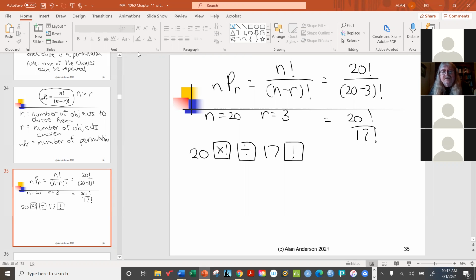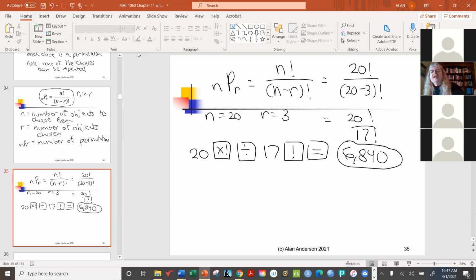The reason why I have to keep doing this is because every calculator is slightly different, and so we need to double check each one. 20 factorial divided by 17 factorial. Oh, no. Yes, you do need the equal sign. Once you hit the equal sign, you'll get the correct answer of 6840. So with all those paintings that I can choose from, that gives me 6,840 ways to show off my collection, but only 3 paintings at a time.